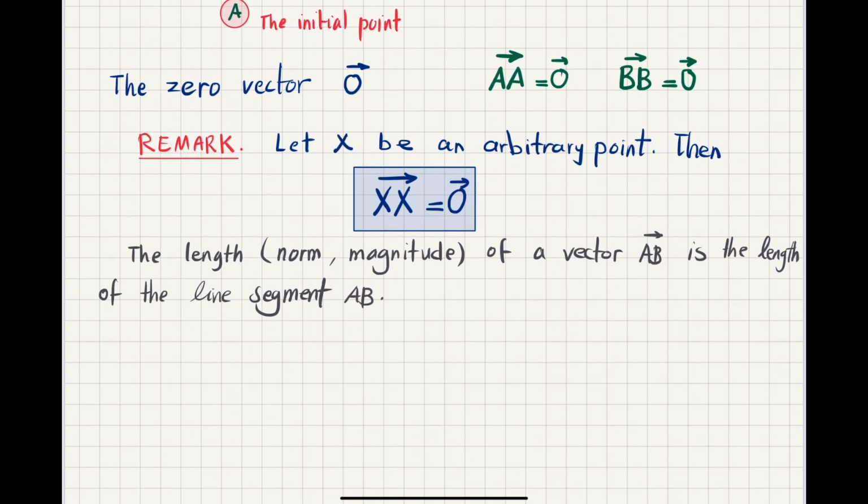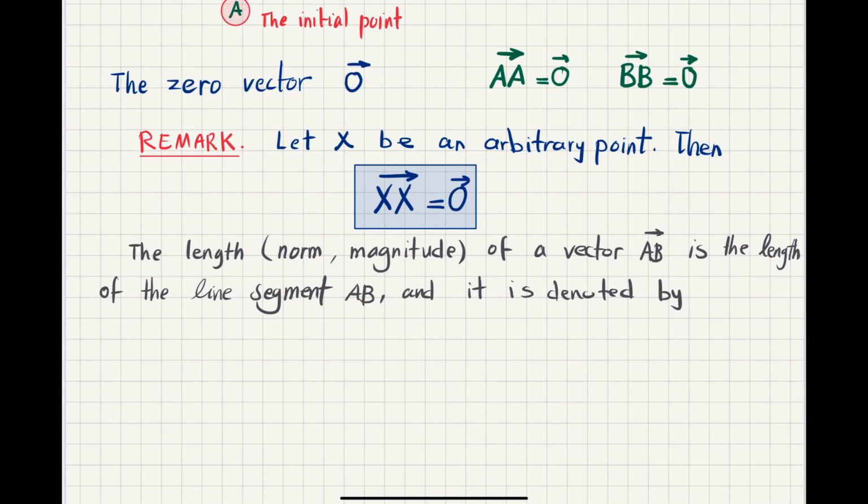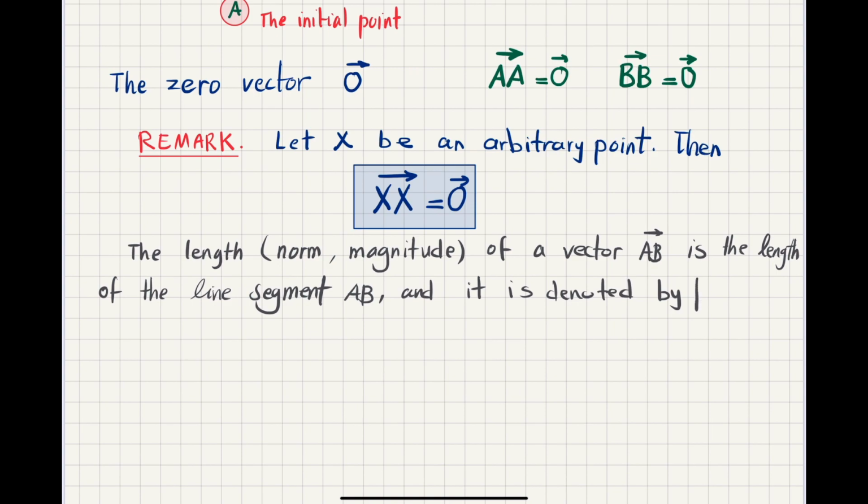Okay, so the norm of a vector is denoted, let me write it here, by this symbol. You have this symbol, you see, or of course I myself prefer to write it in that way. I prefer the second one.